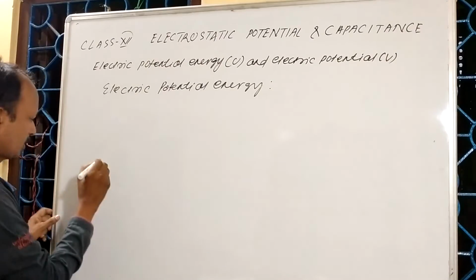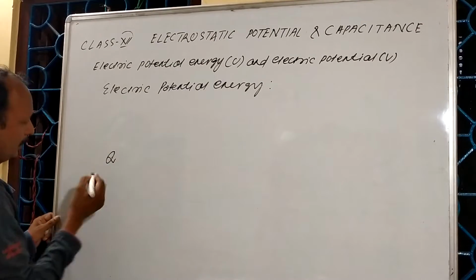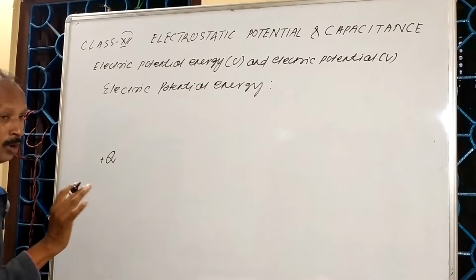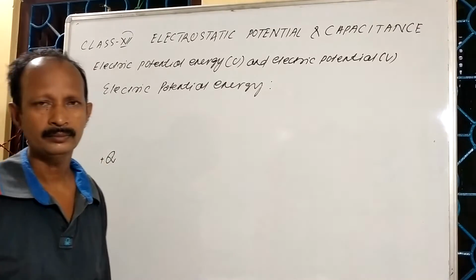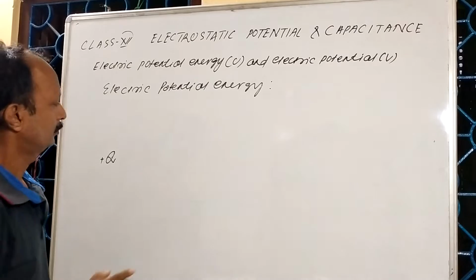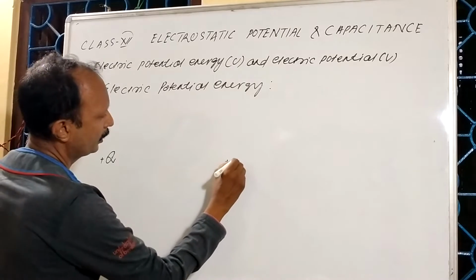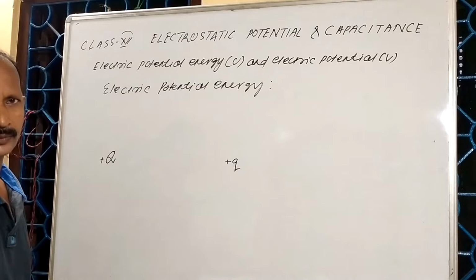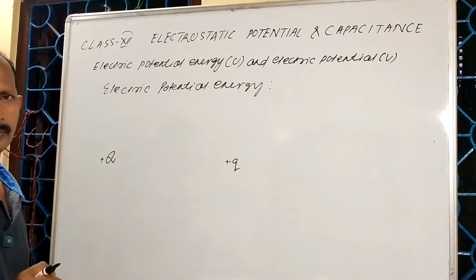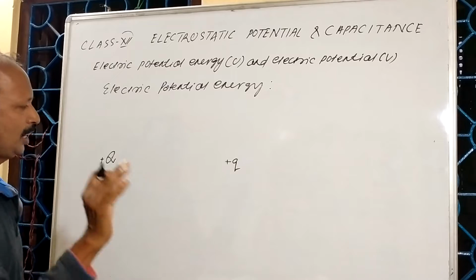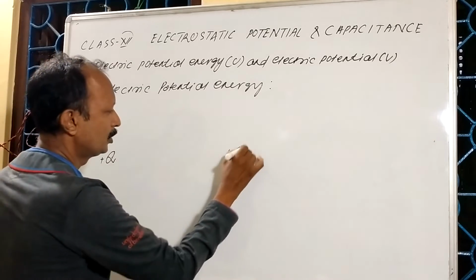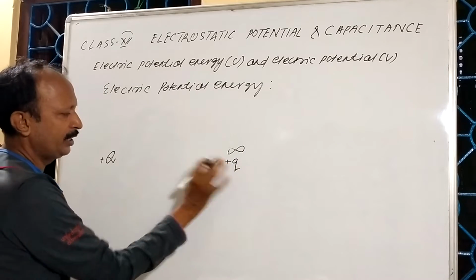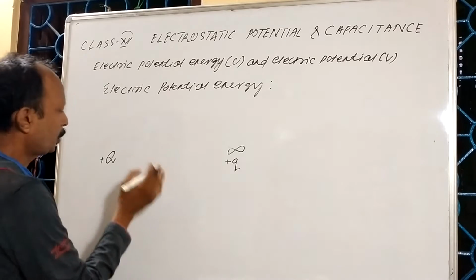See here, suppose this is a source charge. Here one test charge is there. I want to bring this test charge from a point of infinity to a point.